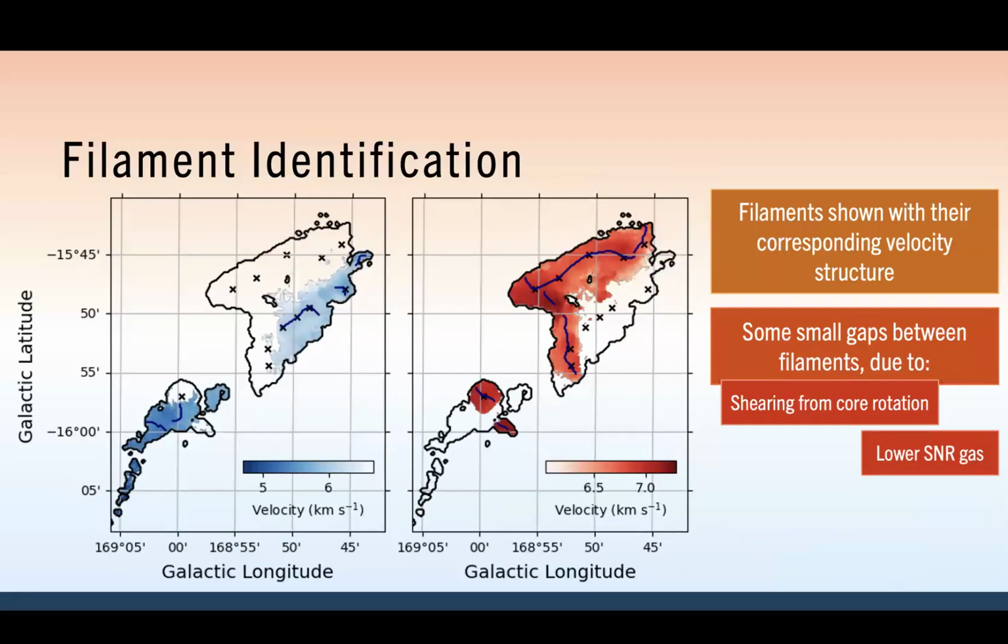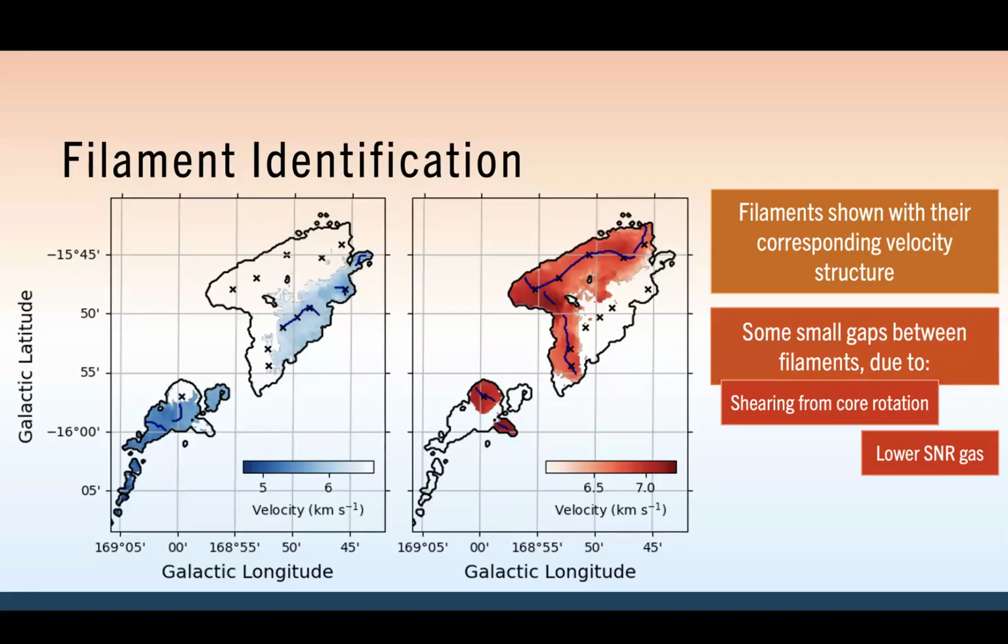So here we can see these filaments plotted now in 2 dimensions, with each filament being shown on the respective velocity structure. So you can see that there are some small gaps between some of these filaments, especially on the red side. So there's a small gap in the navy blue filament here.